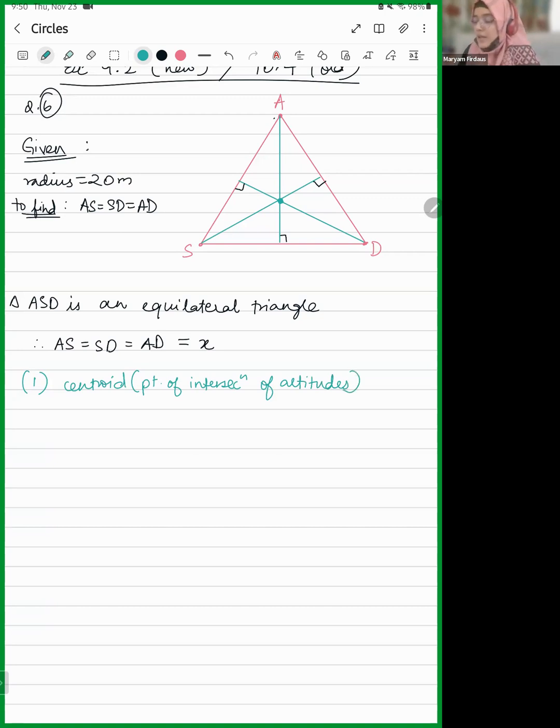Okay. Now the centroid of, yes, Abdul Rahman, can you check the chat? Acha, okay. There's nothing in the chat box, Abdul Rahman. I can't find anything. Maybe you have sent it on the other device.